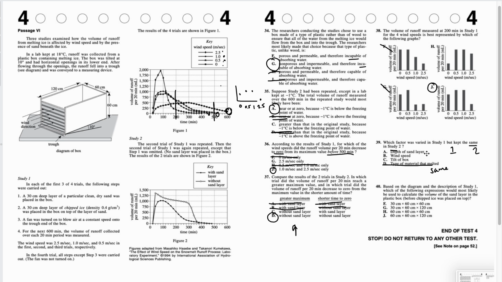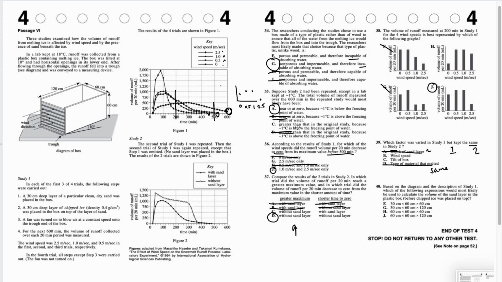The depth of sand layer, so I'm going to go back to A. The depth of the sand layer, was that the same for study 1 and study 2? It did not stay the same because they changed it with and without the sand layer. So that's definitely not correct, because we want it to stay the same, but they changed that for 2.